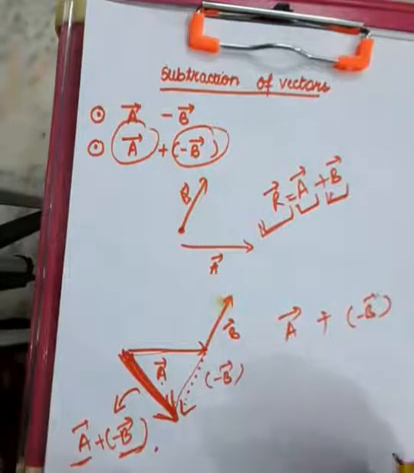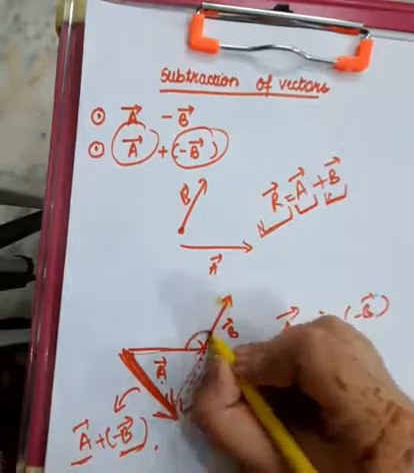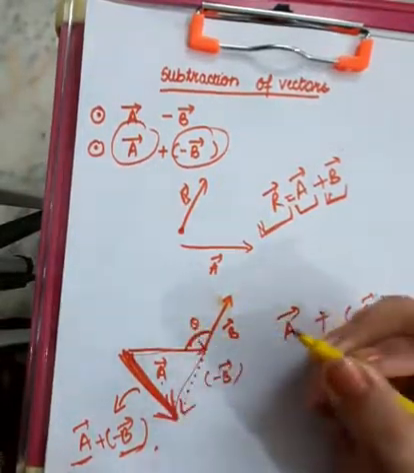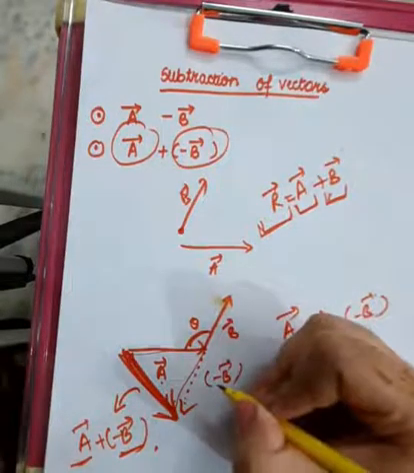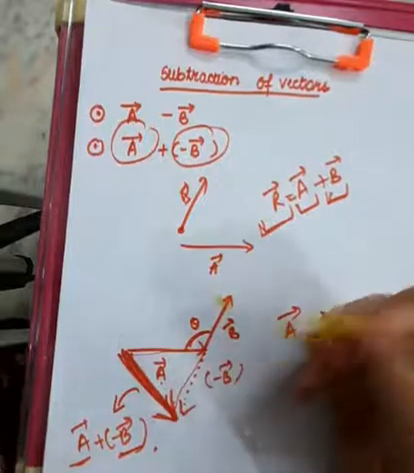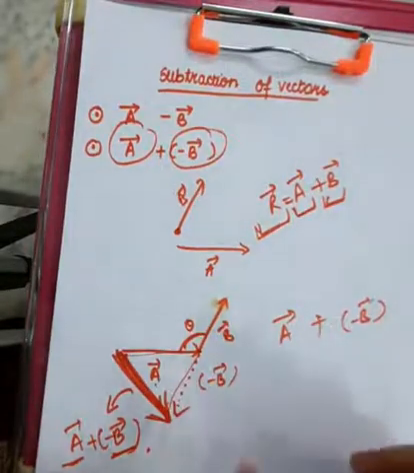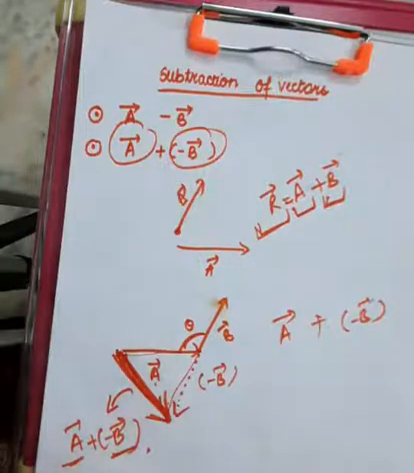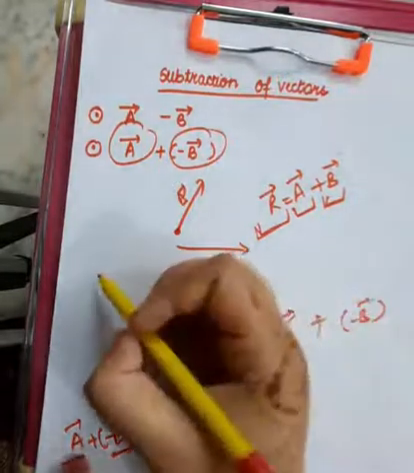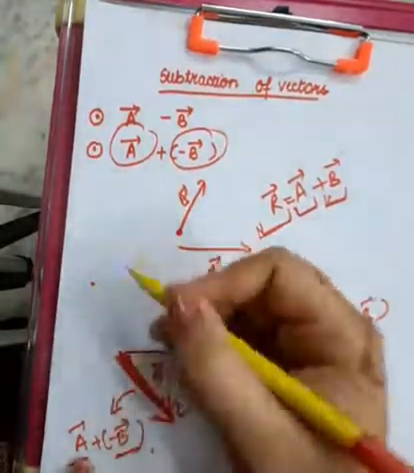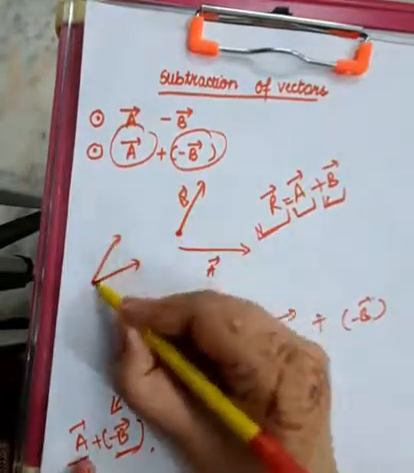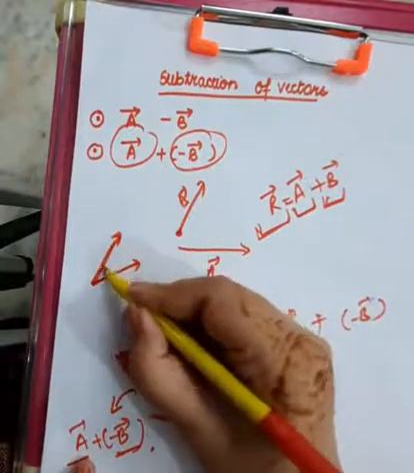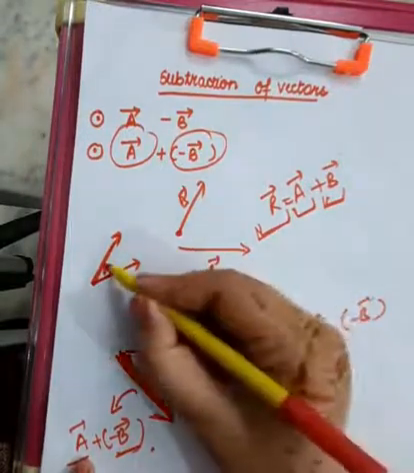So now if the angle between A and B is theta, the angle between A and minus B will be equal to, we need to see that. Okay, we need to find out the angle between A and minus B, but I forgot to tell you something, that angles are always measured like this. When two rays emerge from the same point, then we measure the angle in the anti-clockwise direction.